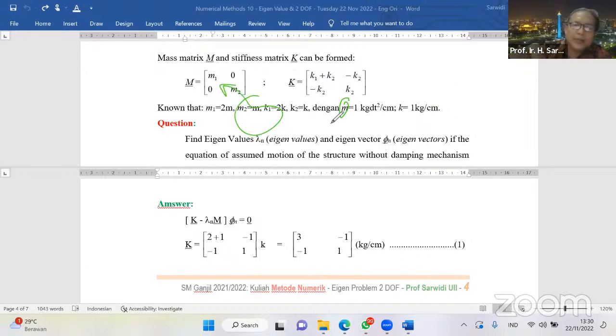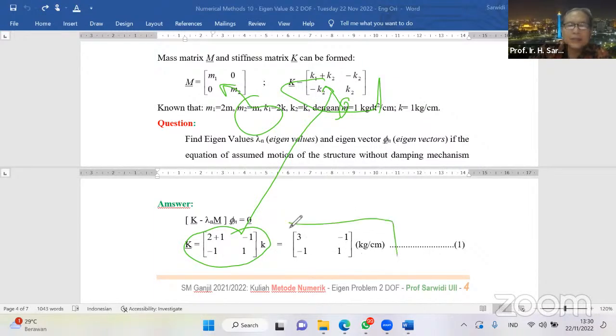For example, in the case of the matrix of K, you will have this one. So the matrix is 3, minus 1, minus 1. This is what we call equation 1.